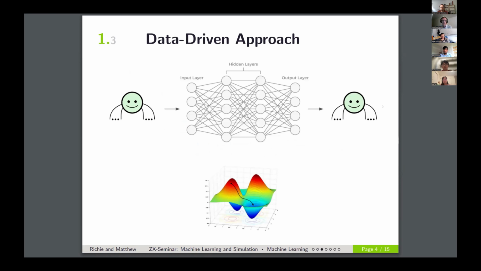Or we can get machine learning to work out the algorithm for us. In very basic terms, we can use neural networks that consist of layers of linear and nonlinear calculations to approximate arbitrary functions. Then we use gradient-based optimization to fit the neural network to a data set. So using, say, gradient descent, we can fit this neural network to any arbitrary function.